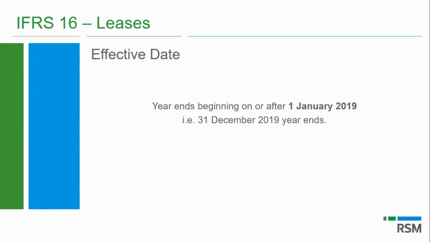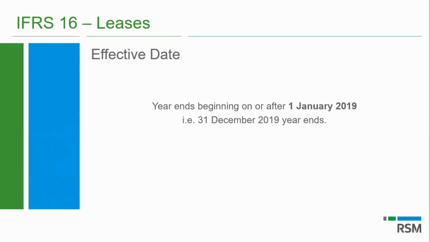The effective date is around the corner. The effective date of this standard is 1 January 2019, which means anybody with a December 2019 year end will have their first year end applying this standard. However, we're doing this now. We've done a few presentations on this before and I've written a few articles on it. What's important to know is don't leave it until next year this time to start thinking about your December 2019 year end.